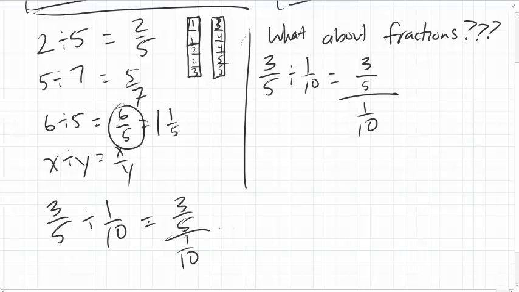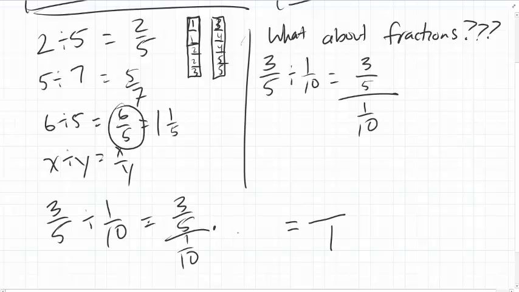Now one of the goals we're going to have is to get the numerator equal to 10. So to do that, we know that if we multiply by the reciprocal or the multiplicative inverse, do not confuse it with identity, but the multiplicative inverse or the reciprocal, we'll get something that equals 1.